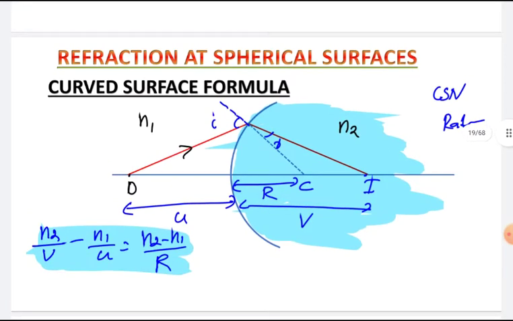Refraction at spherical surface. The curved surface formula: n2 by v minus n1 by u is equal to n2 minus n1 by r.